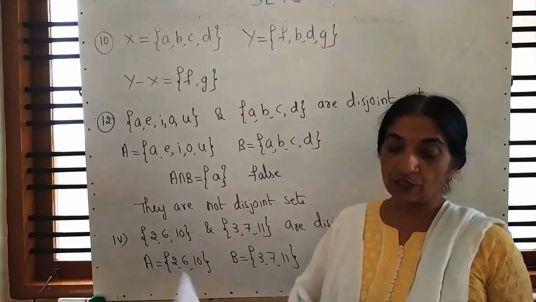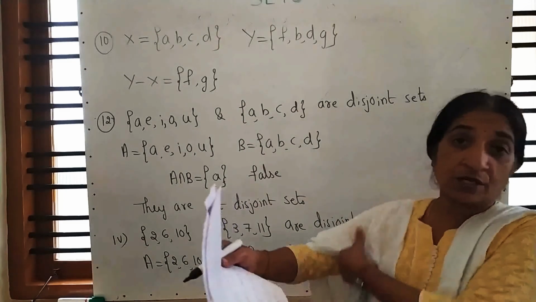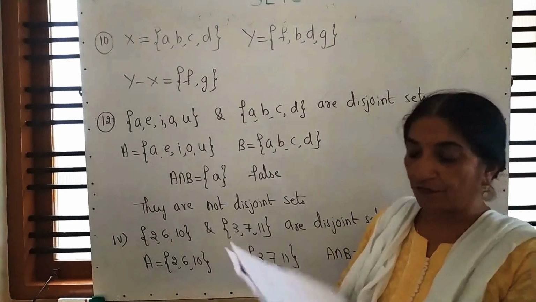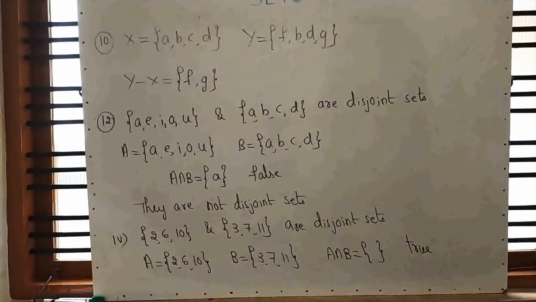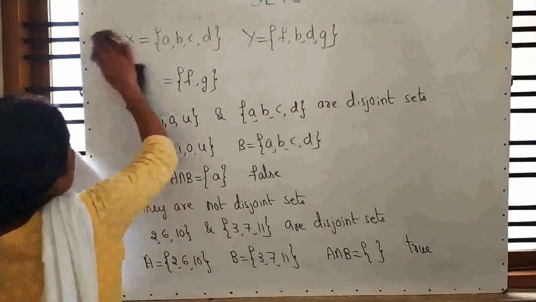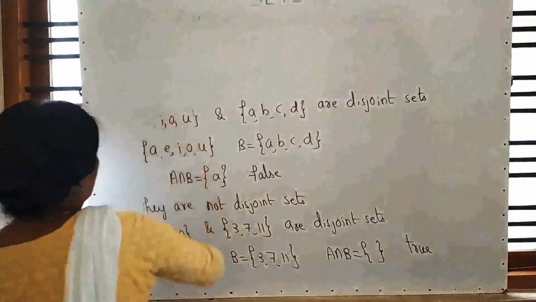Now I am moving to the next part, the next important concept, that is the complement of a set. First I will explain the concept, then I will give you the definition.